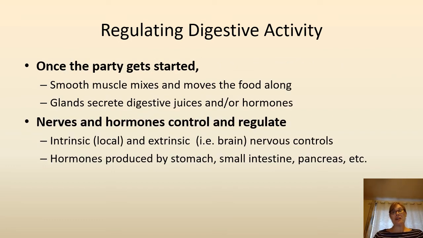So once the party gets started, once the food gets in, the body's like, okay, we must be eating. Things are starting to stretch, and there's chemicals being detected. Then we have the smooth muscle becoming active. At the beginning of the esophagus, or really the proximal esophagus, we're dealing with skeletal muscle still.